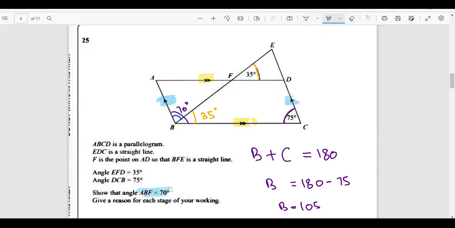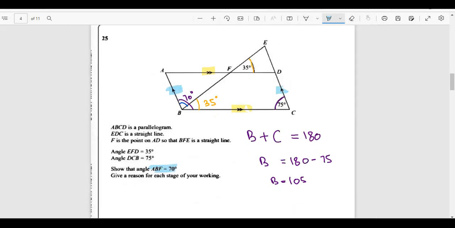Okay. So the important thing is that we need to revise some properties. Always remember, whenever you have two parallel lines, it could be that the examiner is not stating that, but he is showing that through arrows, or the examiner would tell you that it is a parallelogram, you know that we have two pairs of parallel lines, right? So for parallel lines, always remember the sum of this angle and this angle would give you 180 degrees.